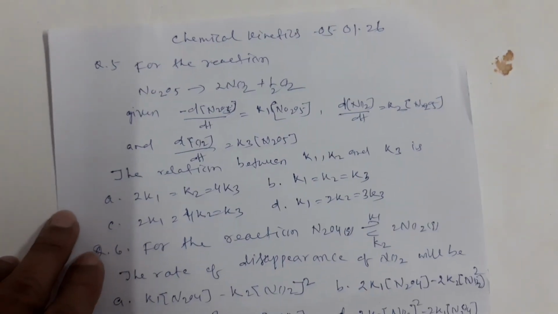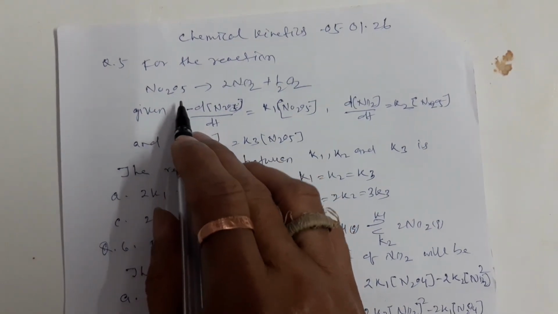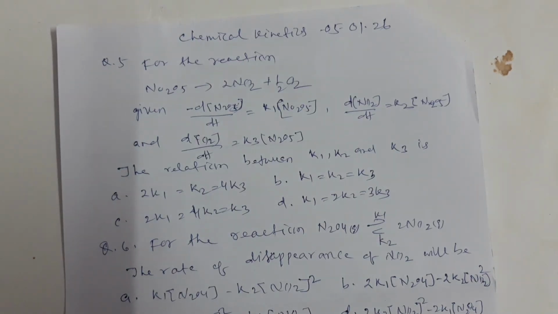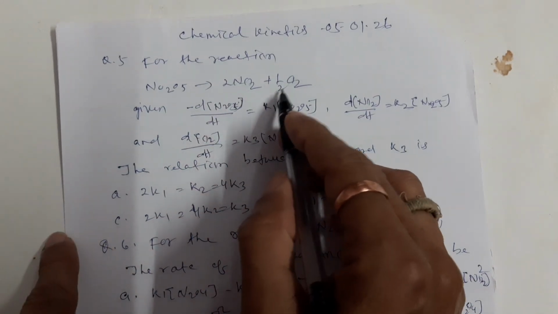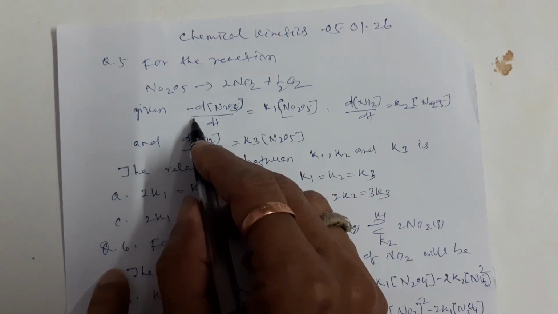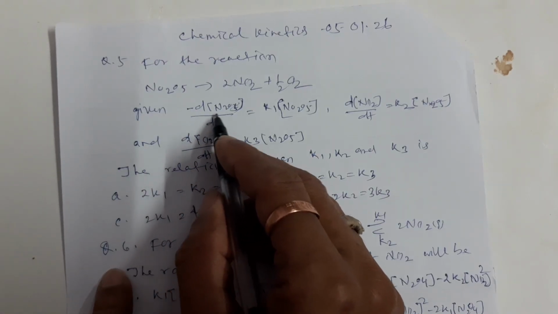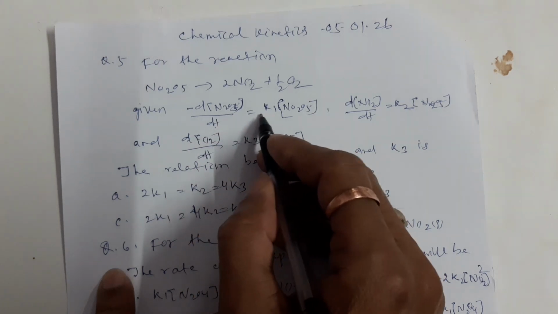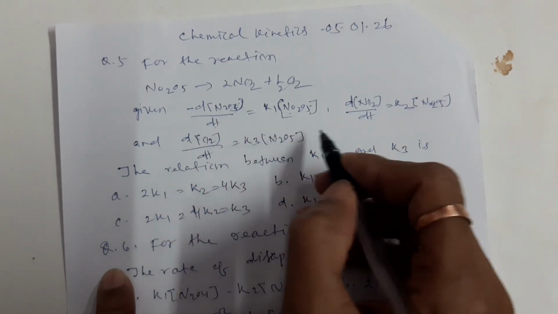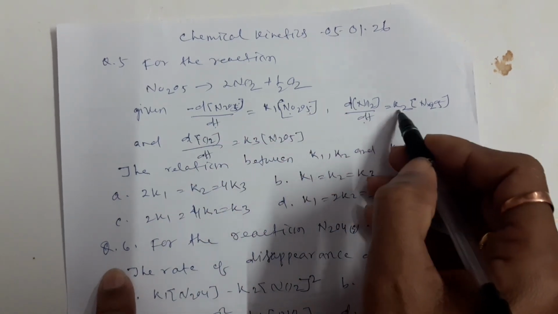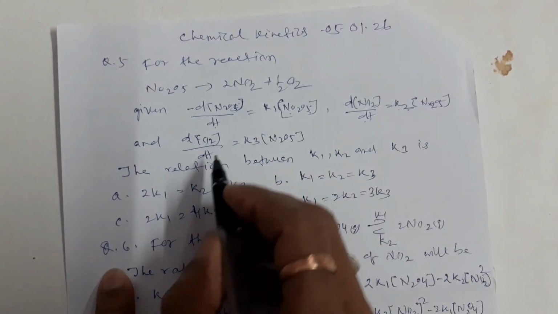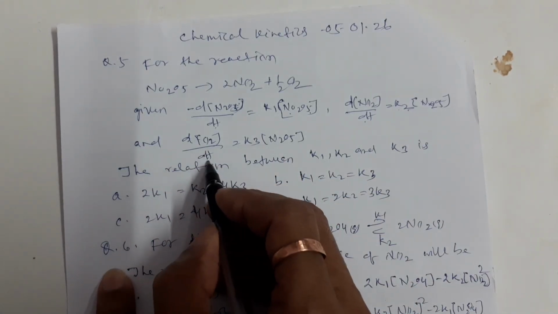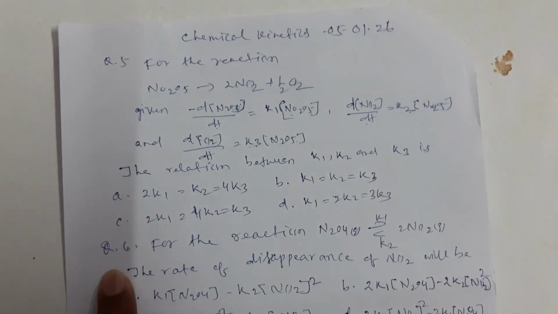Next, question number 5. You see, for the reaction N2O5, nitrogen pentoxide, giving 2NO2 plus half O2. Given: minus d[N2O5]/dt equals K1[N2O5], d[NO2]/dt equals K2[N2O5], and d[O2]/dt equals K3[N2O5].